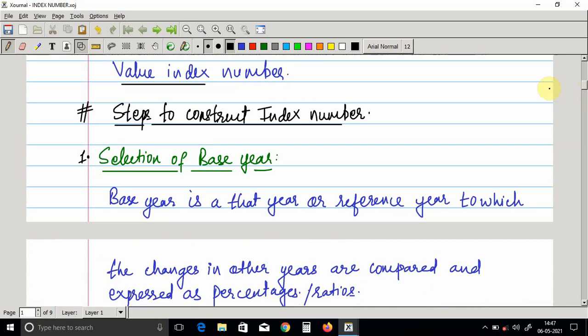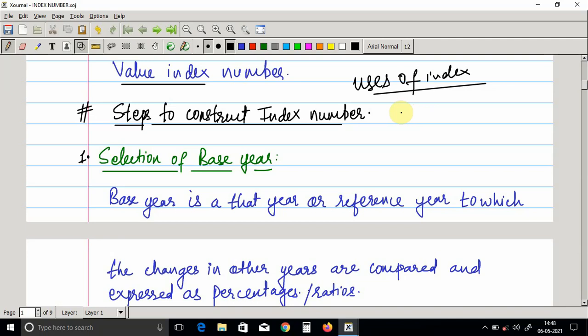Before moving to the steps to construct an index number, let's see the uses of index numbers. Index numbers are used to measure changes in quantitative records, like in agricultural, industrial, or commercial fields.